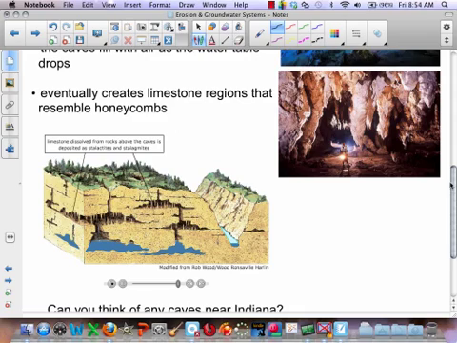Wait, how does it resemble honeycomb? You ever eat honeycomb cereal? There's all these little holes in the honeycomb. Imagine filling this with some type of epoxy, plastic, rubber, etc., and then dissolving away all the limestone.